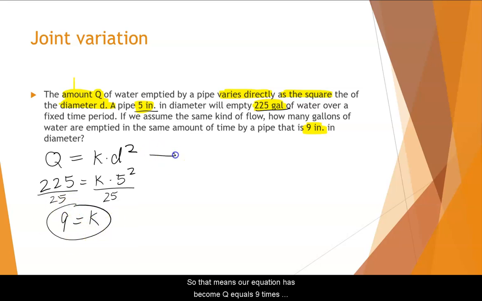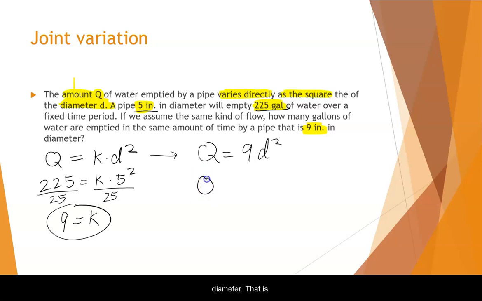So that means our equation has become Q equals 9 times the diameter squared. Now the question we want to answer is how much water is emptied in the same amount of time by a pipe that's 9 inches in diameter. That is, we want to find Q when the diameter is 9.